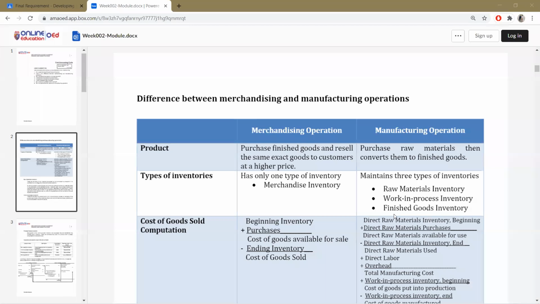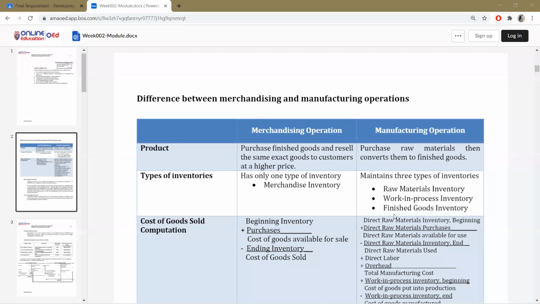So basically, we have three stages. First is the raw materials classification, which is the original state of the inventory that we ordered from the supplier. Next is the work in process. From the raw materials inventory, it is transferred into work in process when we start the conversion of the inventory. It is being worked on in the factory and converted into the final product that we are going to sell to our customers.